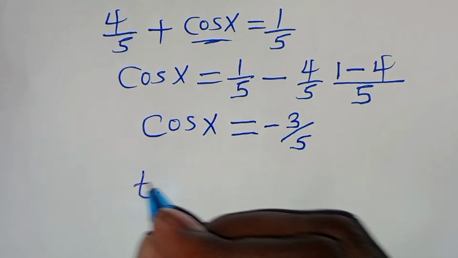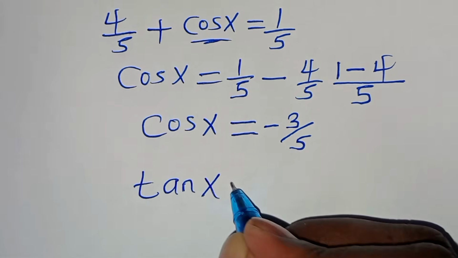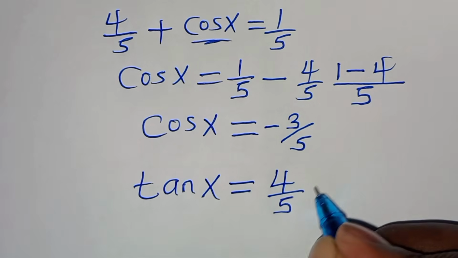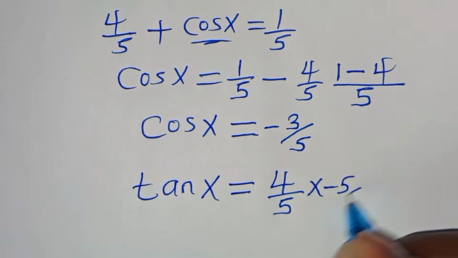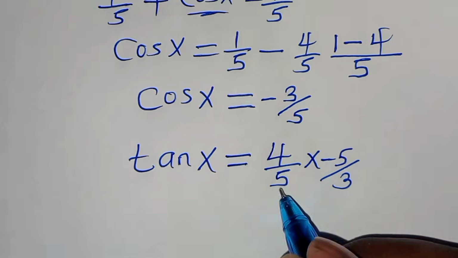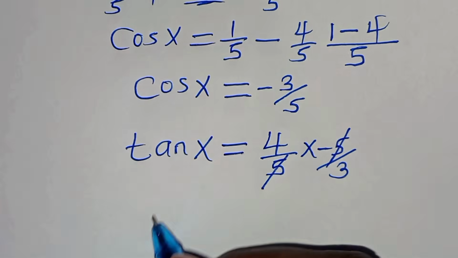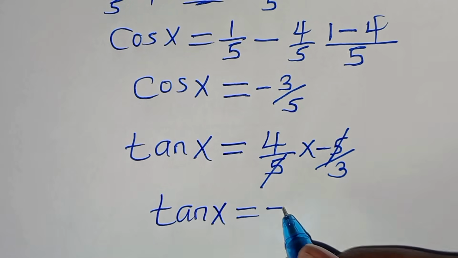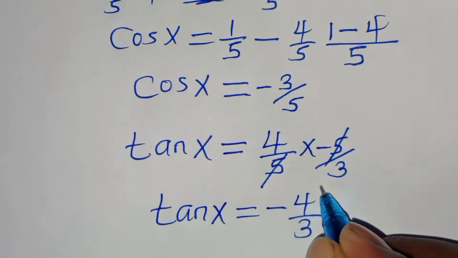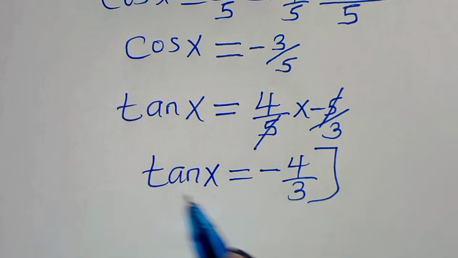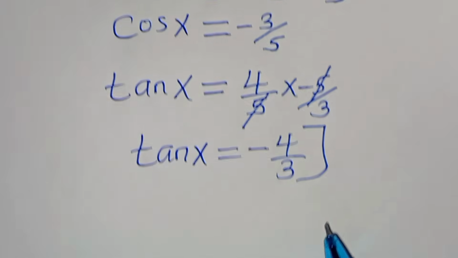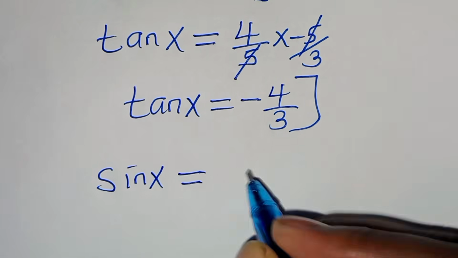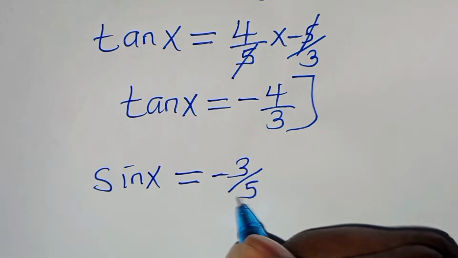So for tan x, in the first case, tan x is equal to sine x, which is 4/5, multiplied by negative 5/3. Here we simplify 5 and 5, and this means that tan x is equal to negative 4/3. This is the first value of tan x, negative 4/3. Now, in the second case, we have sine x equal to negative 3/5.